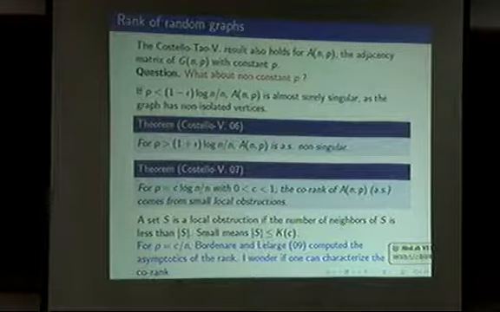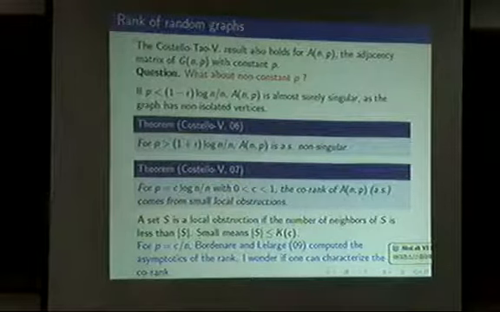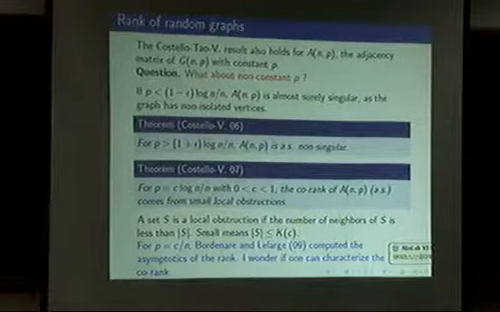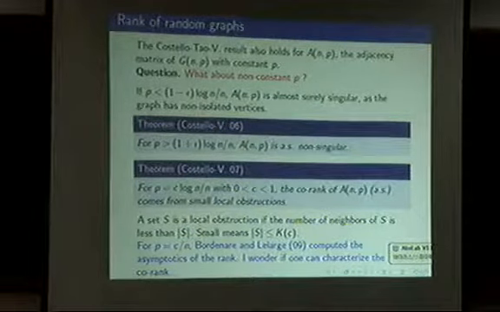What about p going to 0 with n? Typically in the theory of random graphs, we care a lot about the case when p is quite small, close to 1/n. Now there's a threshold. You can see that the graph will fail to be non-singular for a very simple reason: it will have isolated vertices.